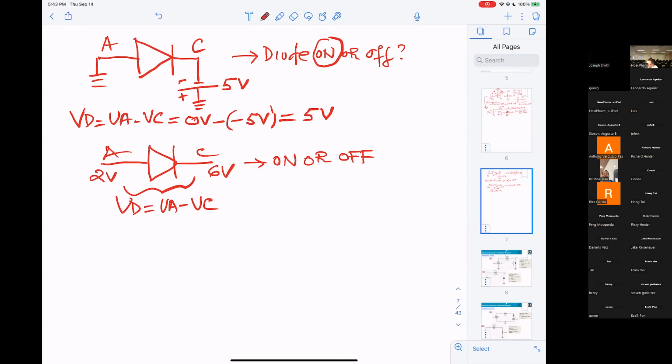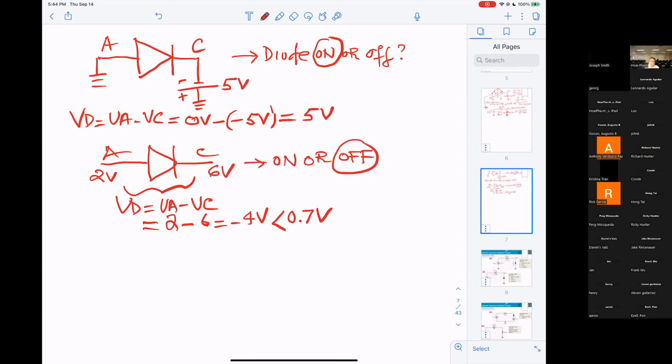Okay, now you can calculate here, you can see 2 volt minus 6 volt, minus 4 volt. Right? Less than 0.7 volt.